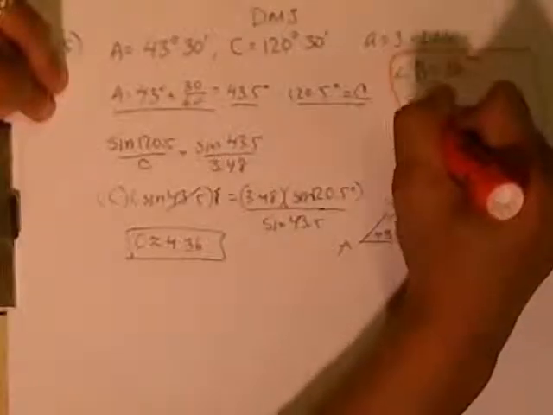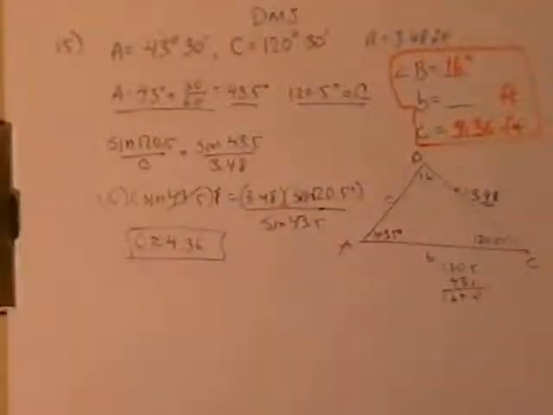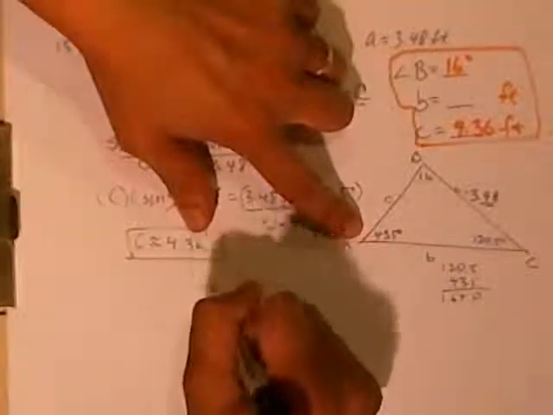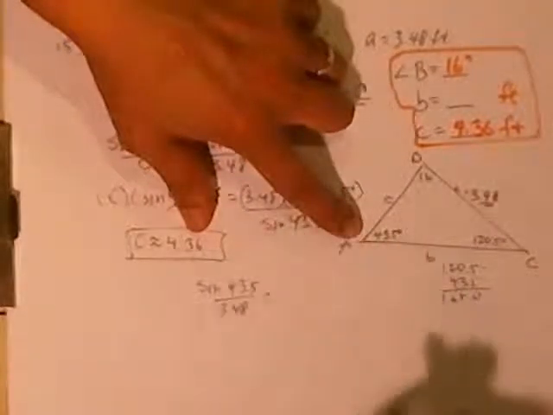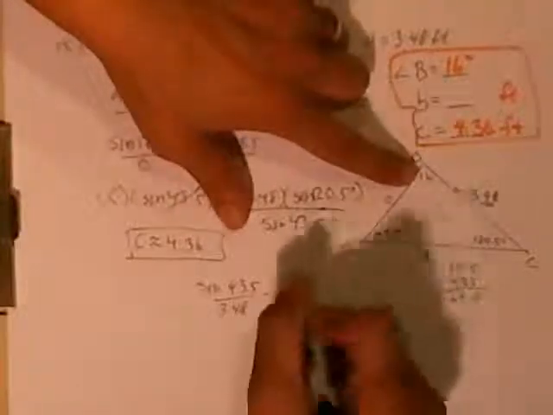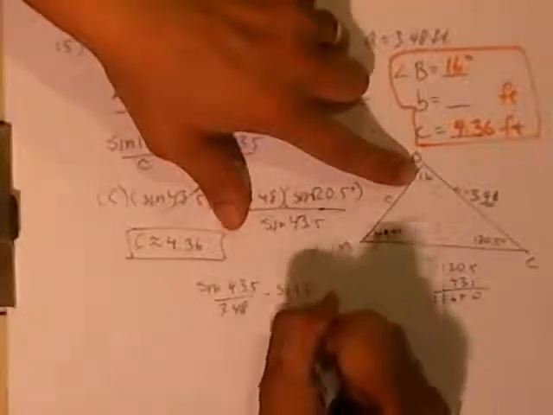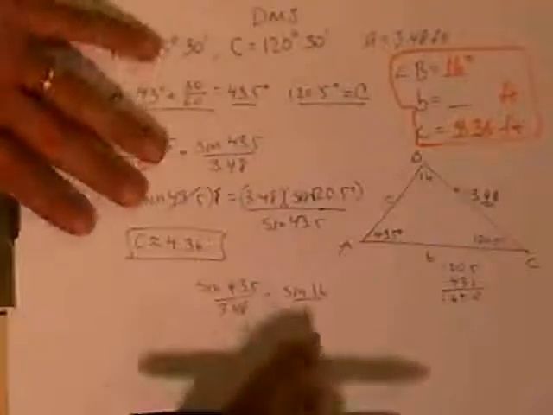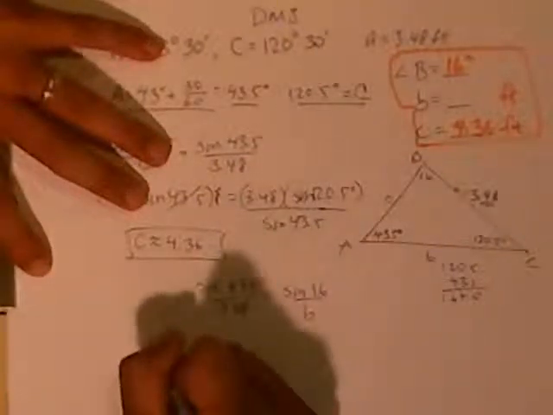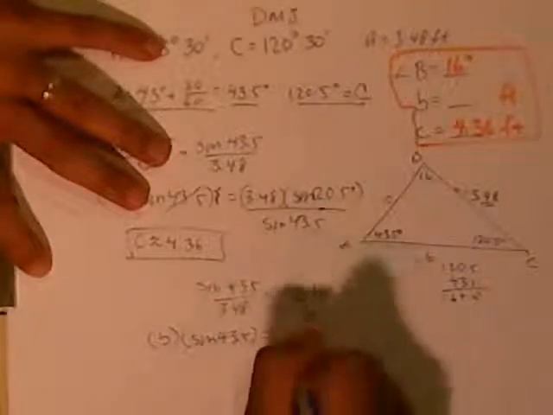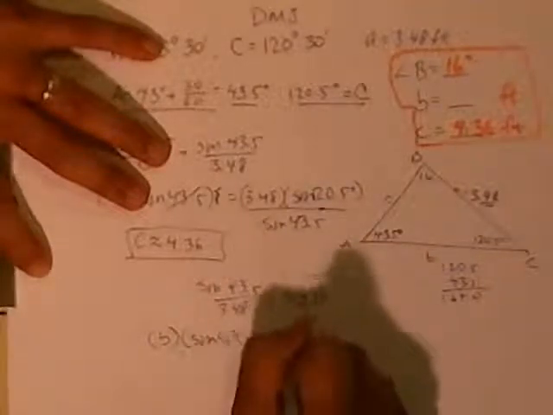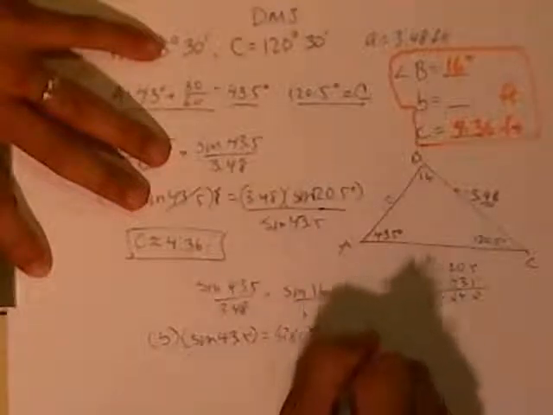Wow, he's starting to break things up a little bit. Okay, we're looking for b right there. So sine of 43.5 divided by 3.48 is equal to, we're looking for b, so it's going to be the sine of 16 over b. And we cross multiply, b times the sine of 43.5 is equal to 3.48 times the sine of 16 degrees.